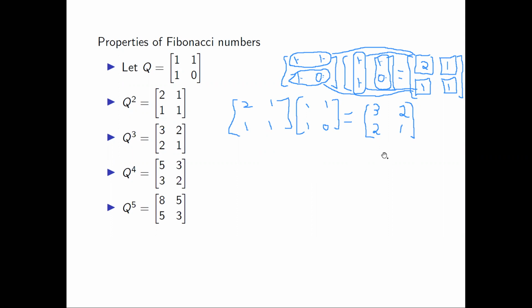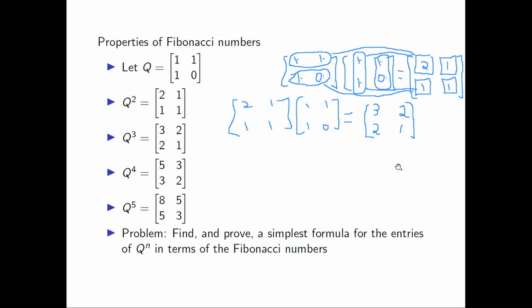So we're seeing 1, 2, 3, 5, 8. We would maybe expect to see a 13 in Q to the 6th. So the problem for you to think about is to find and prove a simple formula for the entries of Q to the n in terms of the Fibonacci numbers.